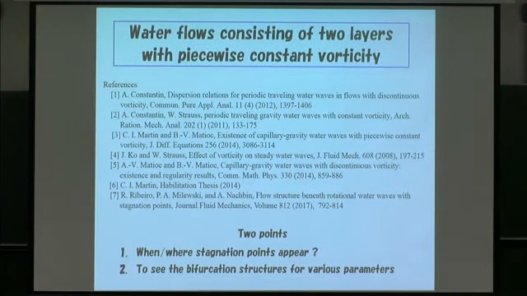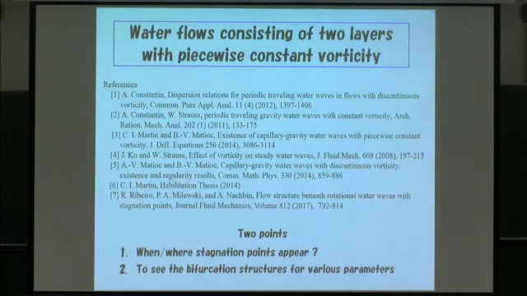In these papers, the authors considered theoretically water flows consisting of two layers with piecewise constant vorticity. And based on them, we made numerical computations in the case of two layers.